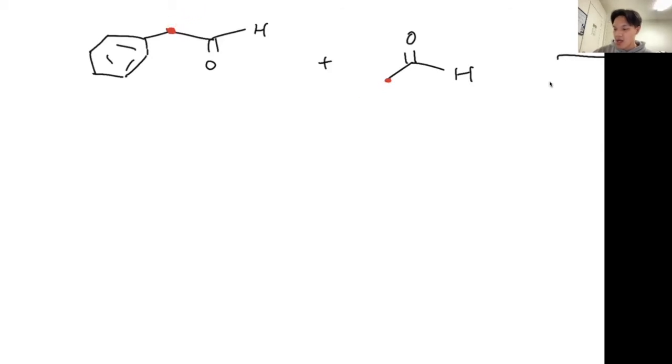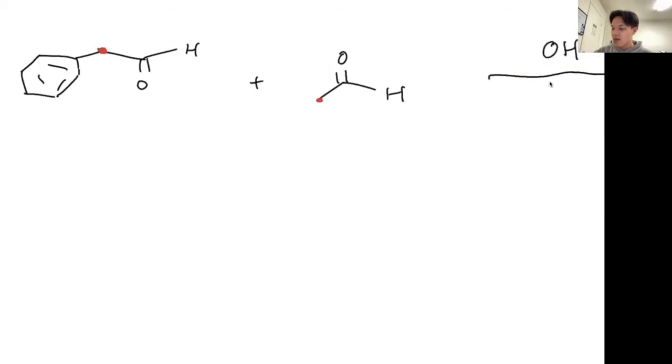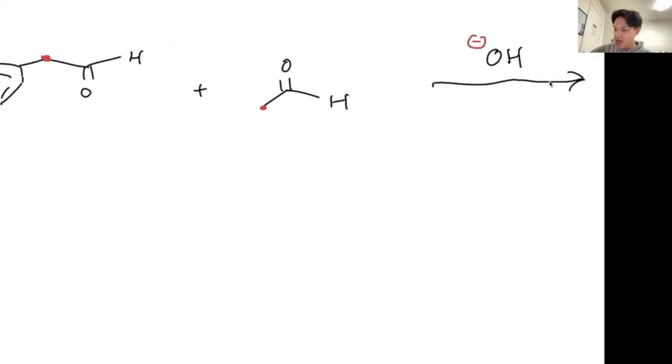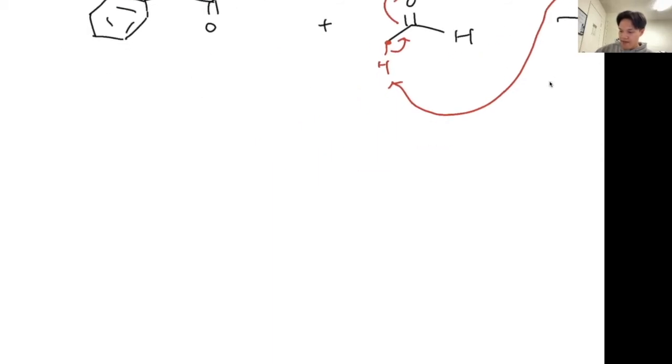Let's make this one an enolate over here, this aldehyde. So we have this alcohol going to take that H, make an enolate. Make sure you put the H's here and then negative charges.